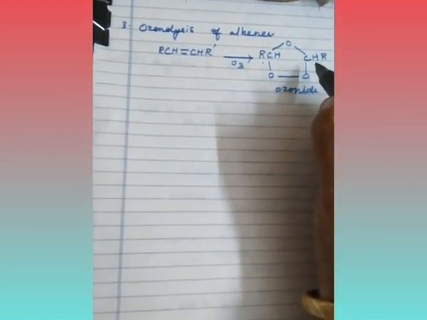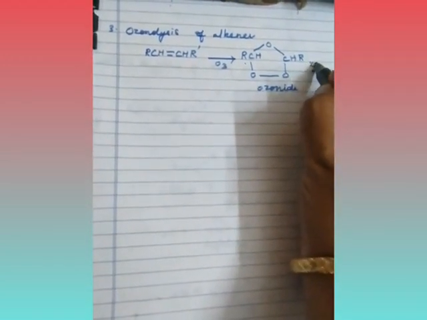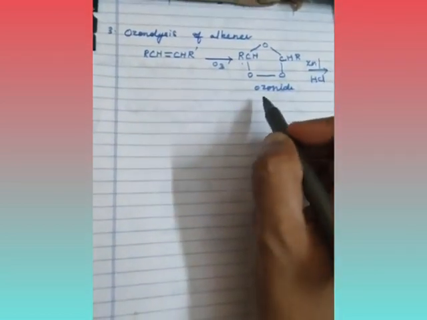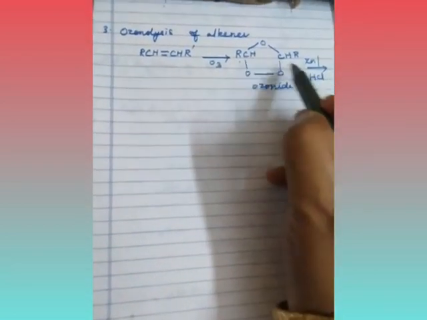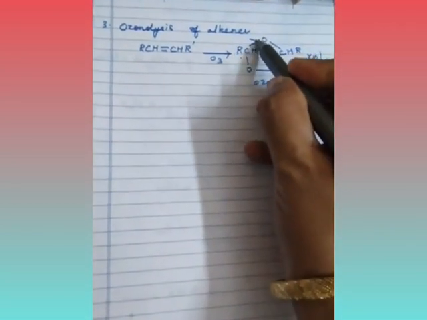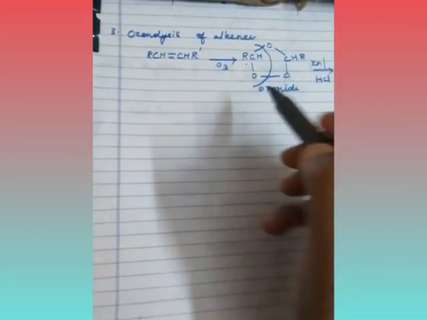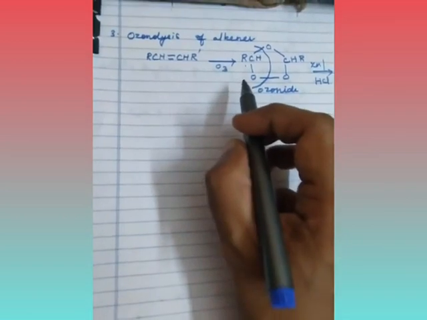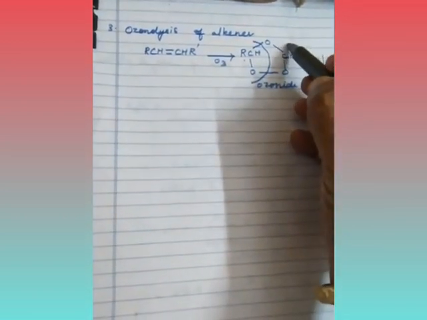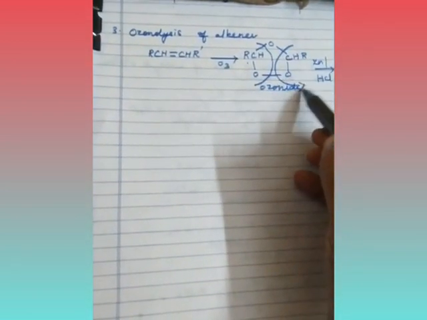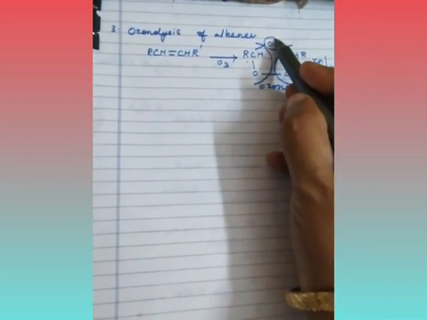And then this undergoes hydrolysis in presence of zinc and HCl medium. When it undergoes hydrolysis, there will be a break like this, and here also another one like this, and only the oxygen will be remaining.